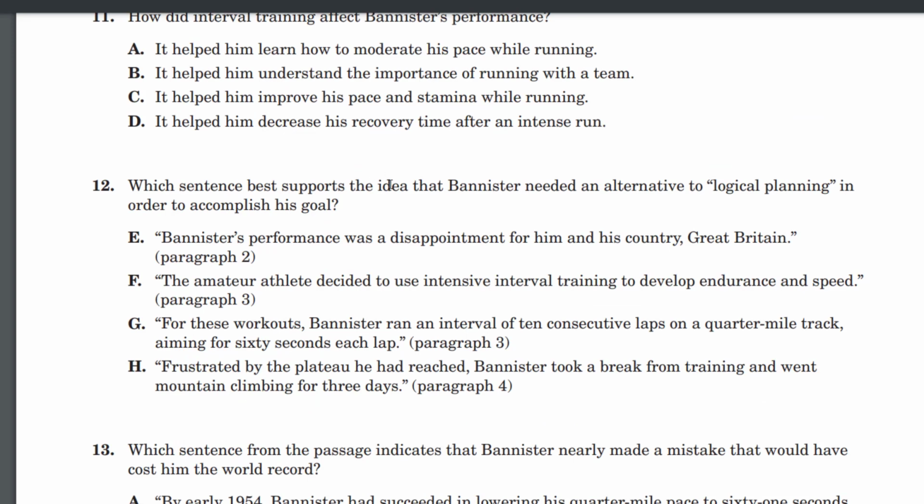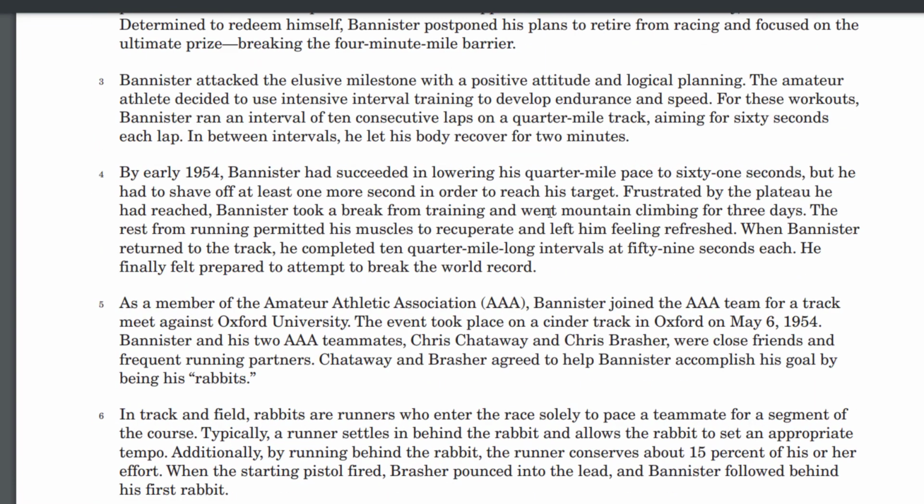12. Which sentence best supports the idea that Bannister needed an alternative to logical planning in order to accomplish his goal? Okay, so this really depends on what is logical planning, and he needs an alternative. So this passage was about Roger Bannister, who broke the 4-minute mile.